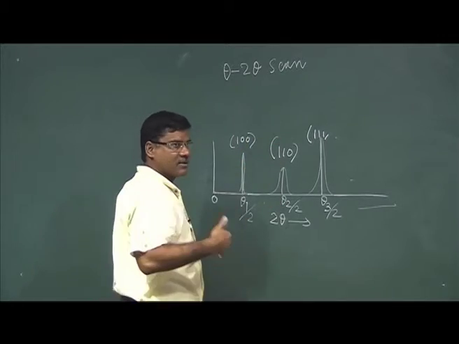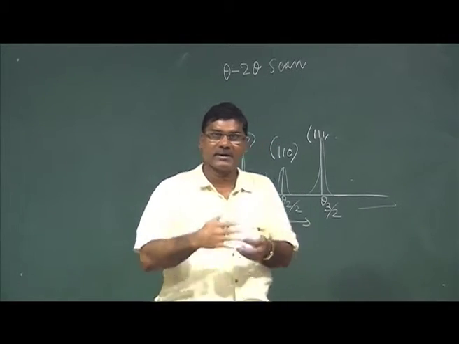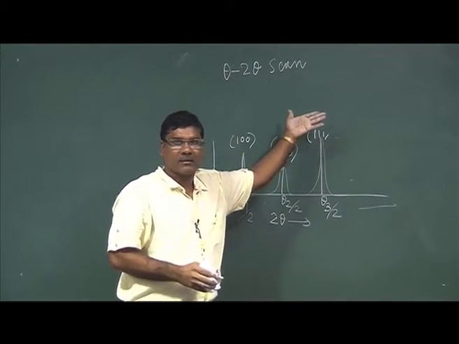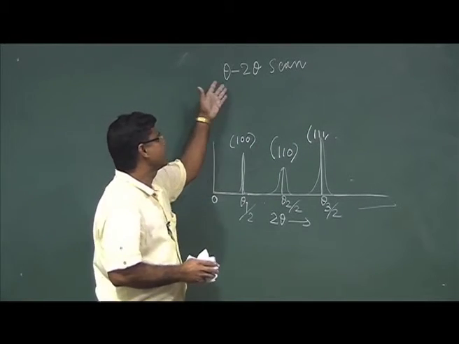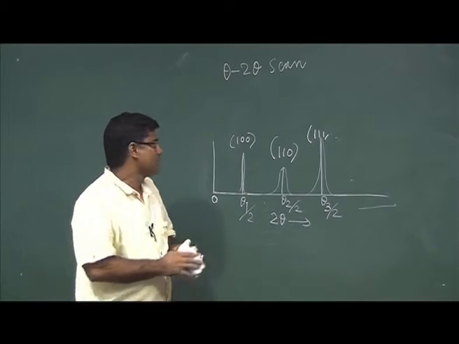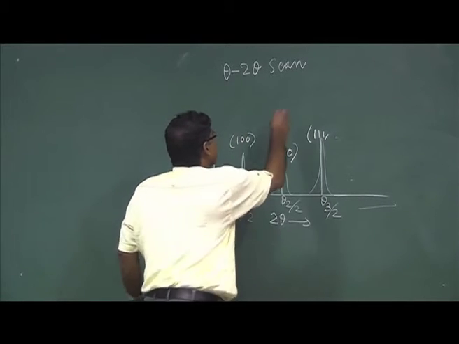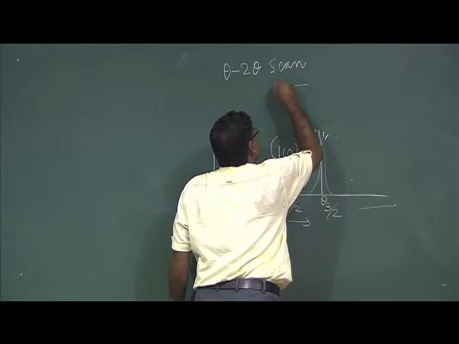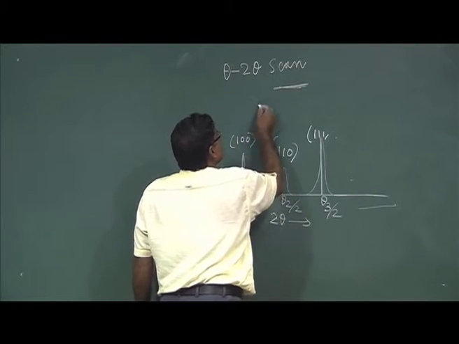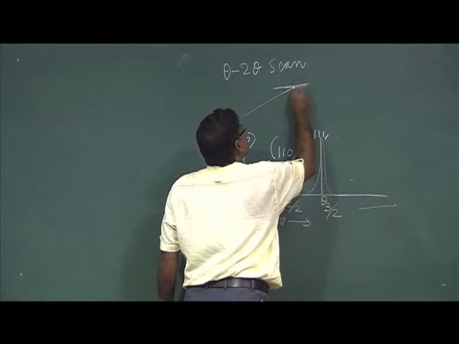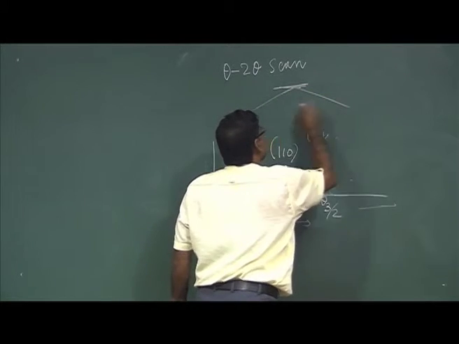So in X-ray diffractometry, the geometry is similar to the powder method, but here we generally call it the theta to theta scan. Basically, instead of powder you have a sample. X-ray is falling on it, monochromatic X-ray.